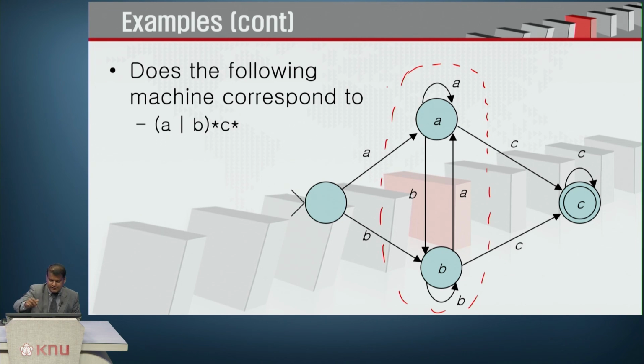With A it stays there, and with B it stays there in the loop, and whenever there is A it goes to this A part, whenever it's B it goes to the B part below, and if there is C then it goes to the final state.